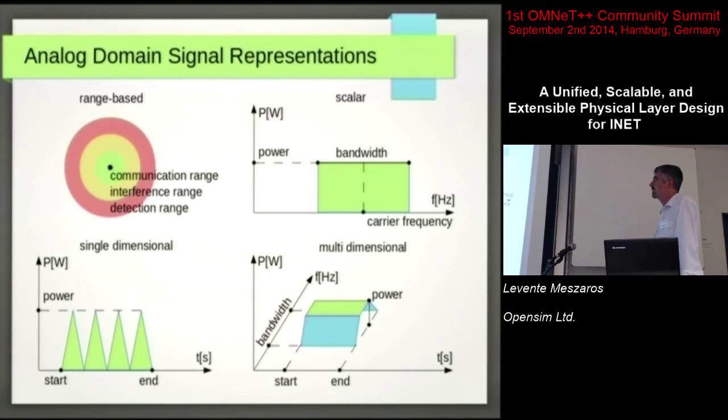And here are the currently 4 supported analog domain signal representations. The first one is the simplest. It's basically the unit disk radio, which describes a signal with three ranges: the communication, interference, and detection range. And of course, communication is possible within the communication range as long as there's no interfering signal within the interference range that overlaps also in time.